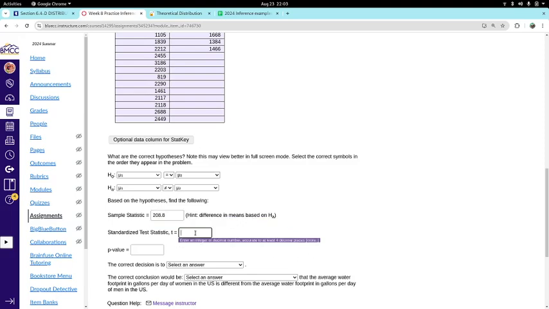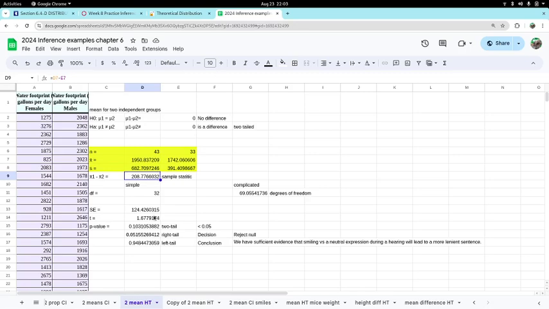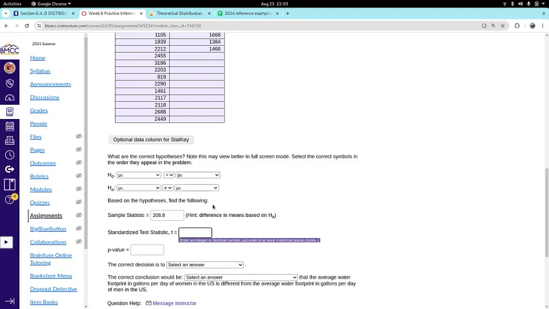The t statistic to 4 decimal places, and again, we could use the spreadsheet to round for us. We have 1.6779.